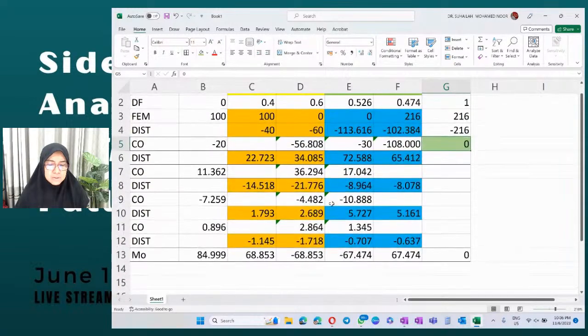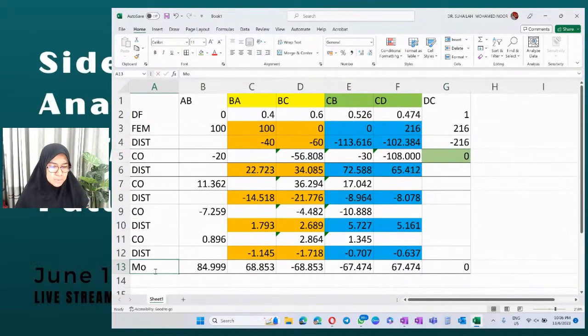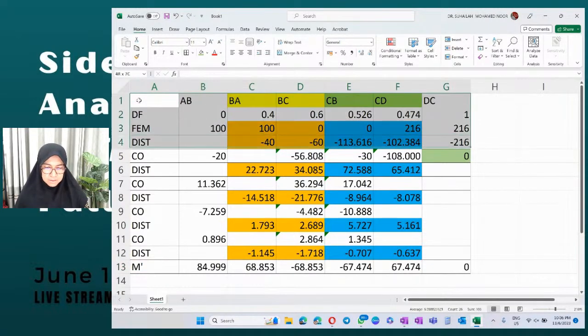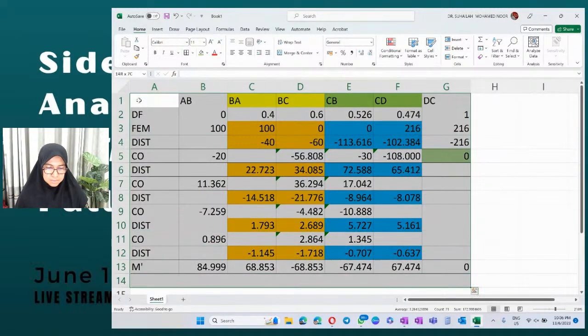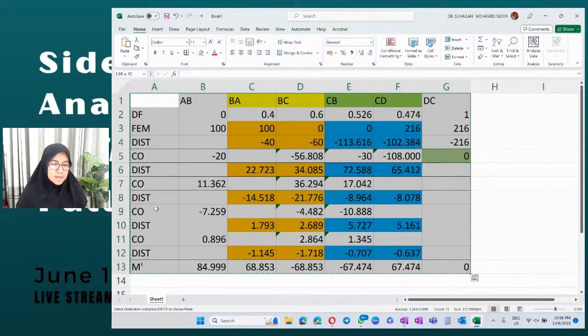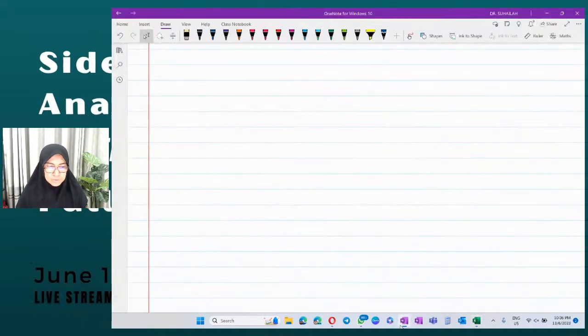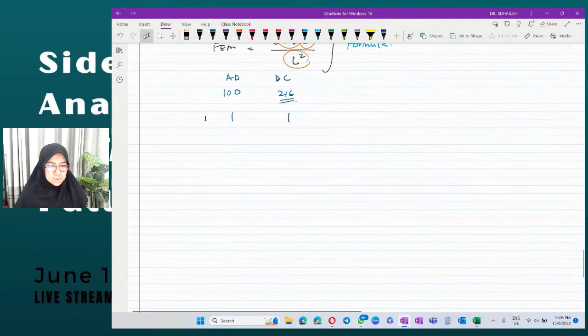Okay, so now we get M prime. The answer is given in the last row. Copy this and paste to this.